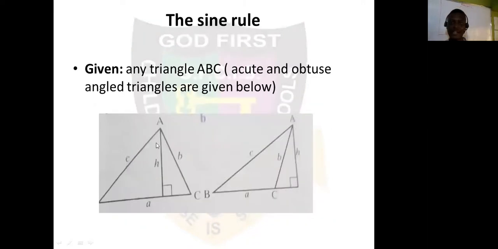Given any triangle ABC, acute and obtuse angle triangles are given below. So we are just going to go through this proof, and after the proof, we'll continue from there.